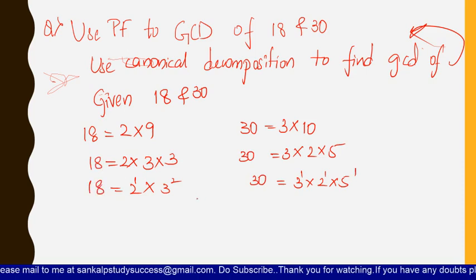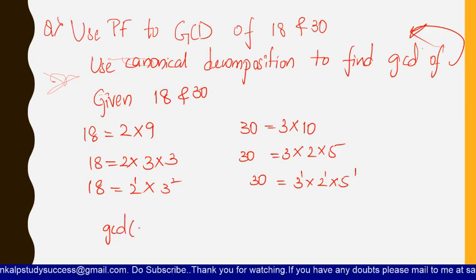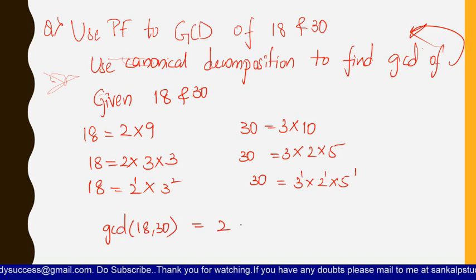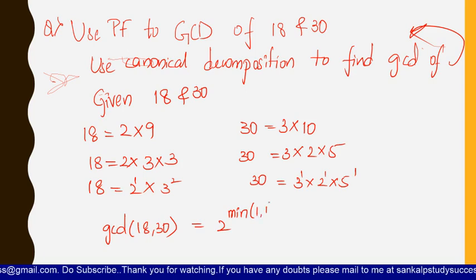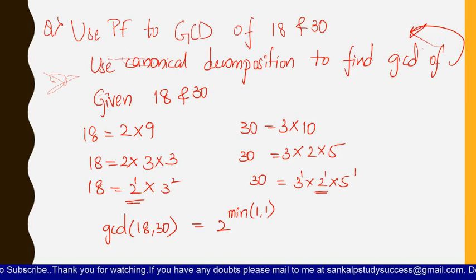So, now you have to find the common divisors. What are the common factors? What are the common numbers involved? Here, GCD of 18, 30. How do you find it? It is 2 to the power of minimum of 1, 1. Here we have 2, which is in common. What are the powers of 2? 1 and 1.